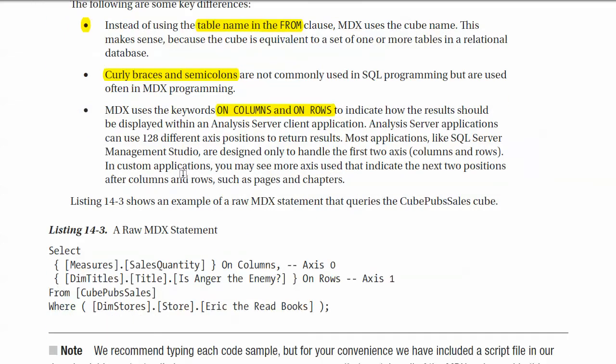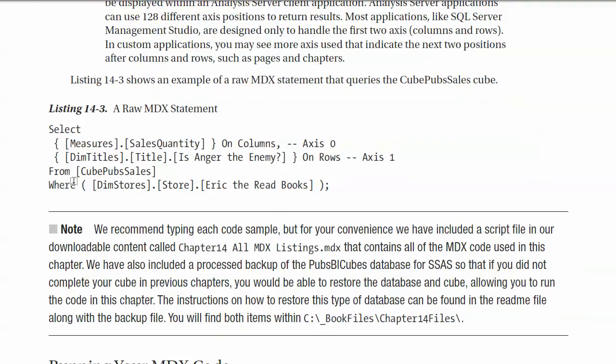A standard MDX statement would look like this, where I'd go through and say SELECT sales quantity from the Measures dimension and place it across the columns. Or, COLUMNS is actually an alias for the zeroth axis of the results coming back.